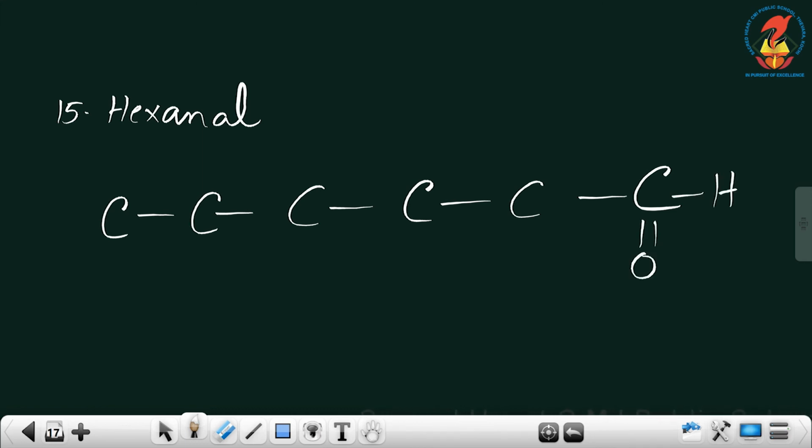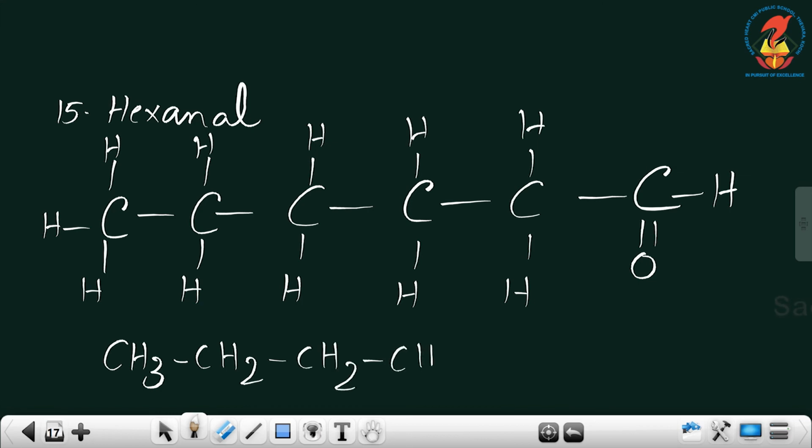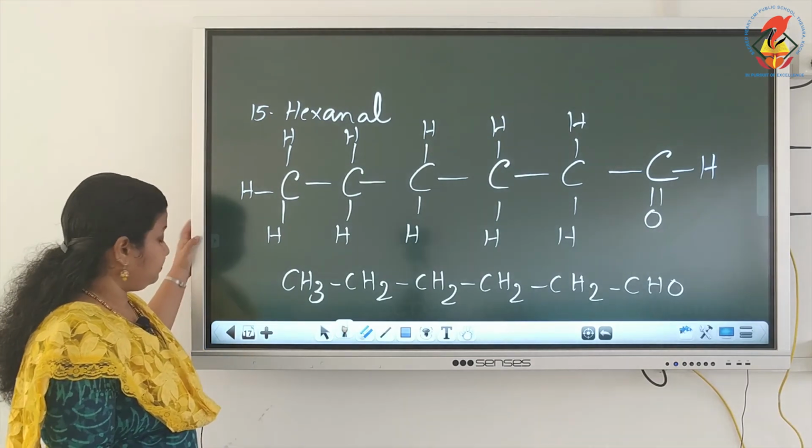So make it CHO, then fill in the hydrogens. So this is hexanal. This is the condensed formula.